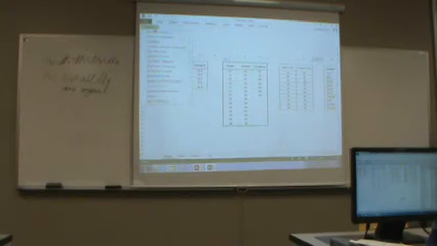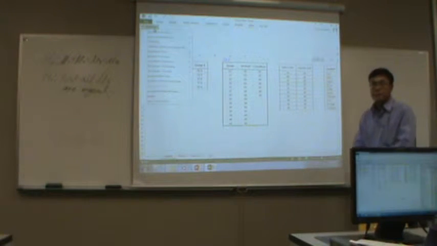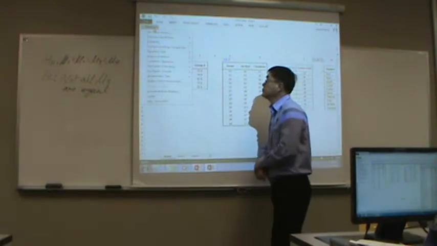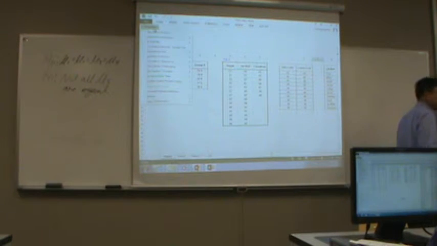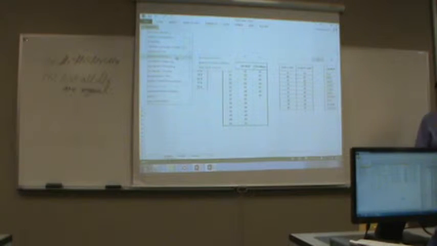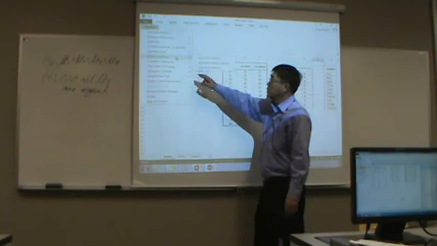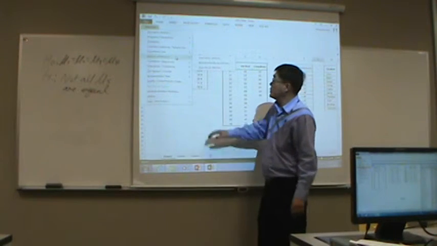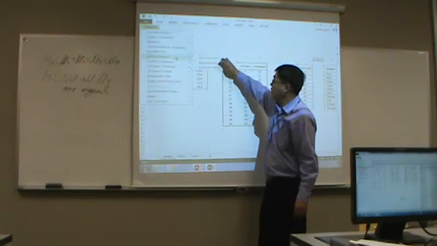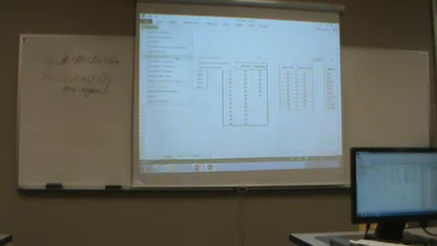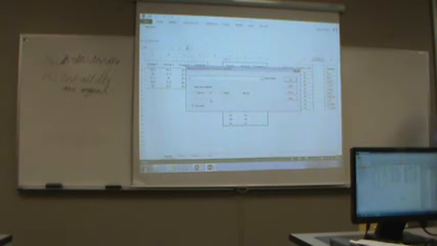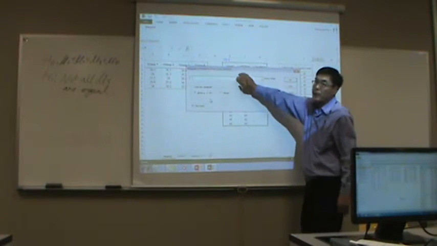Okay, MegaStat. Click MegaStat. And then here, analysis of variance. Move cursor on analysis of variance, then one factor ANOVA, randomized, two factor, and so on. Single factor, so one factor ANOVA. Click one factor ANOVA. This one asks to specify input range.